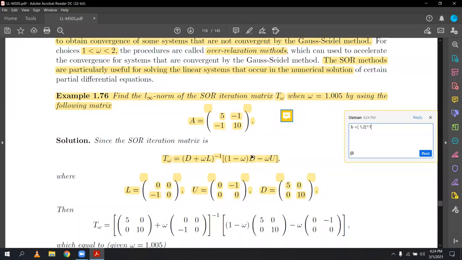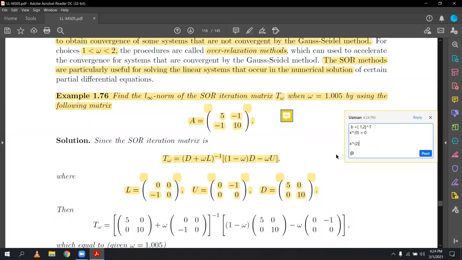Then I gave an initial approximation also. The initial approximation, for example, is 0, 0, right? Then my question is, use the SOR method to find the second approximation.